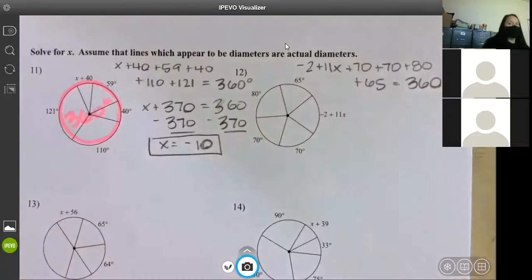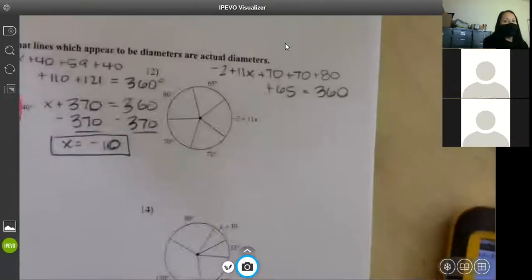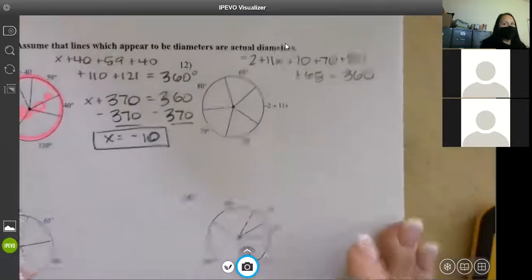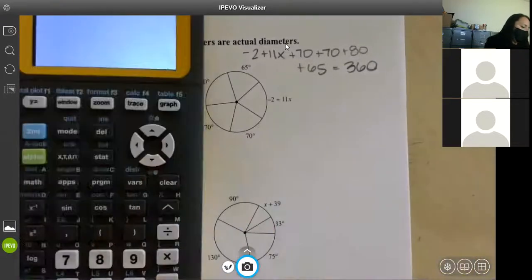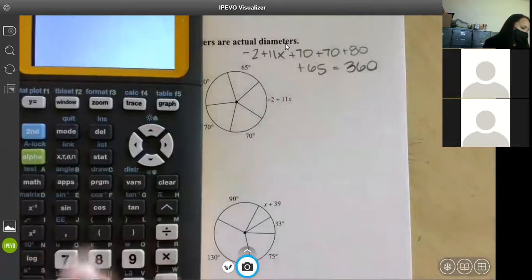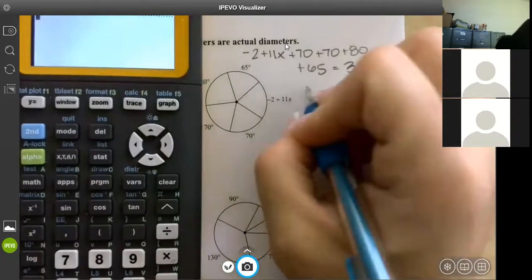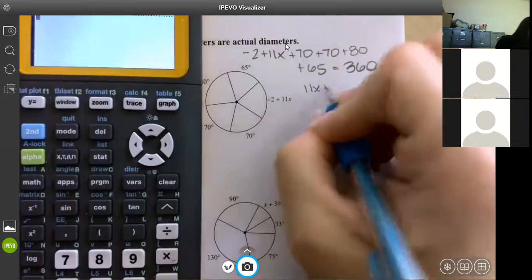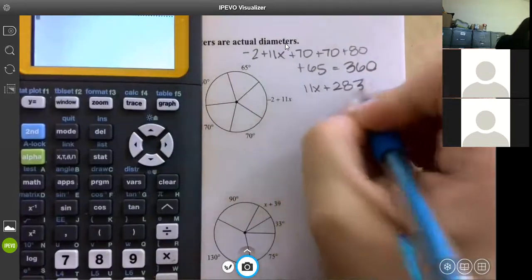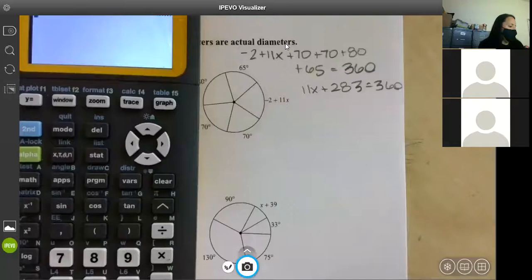Again, I'm just writing it all out to show you in your notes. That's all. We're going to add it all up. Leave out the 11x. So negative 2 plus 70 plus 70 plus 80 plus 65. I get 11x plus 283 equals 360. How do I solve?